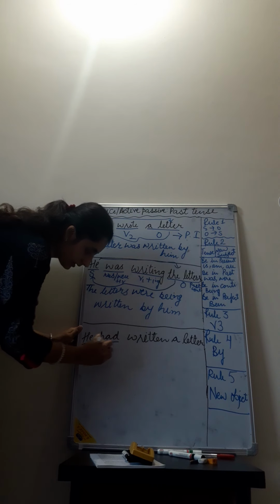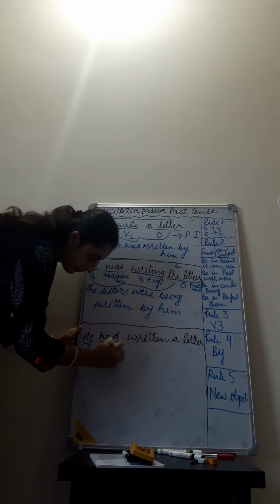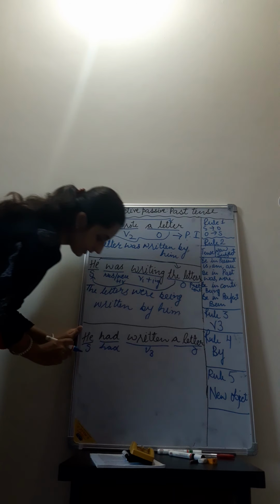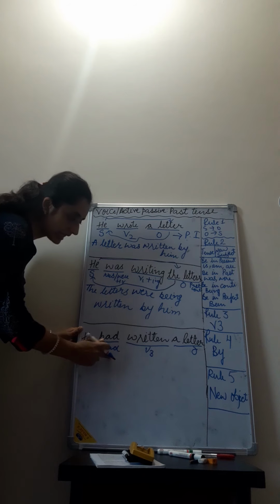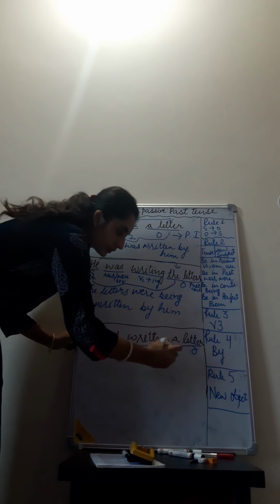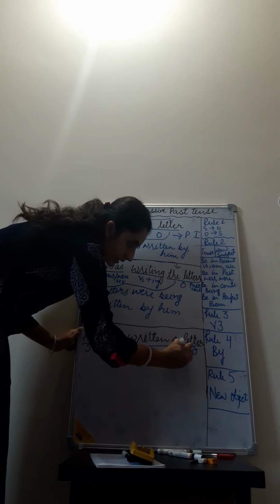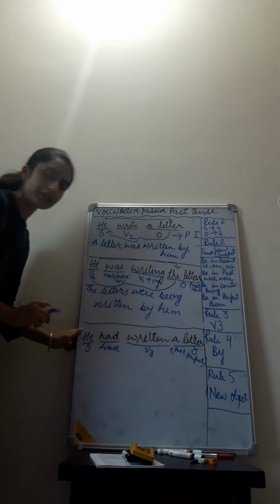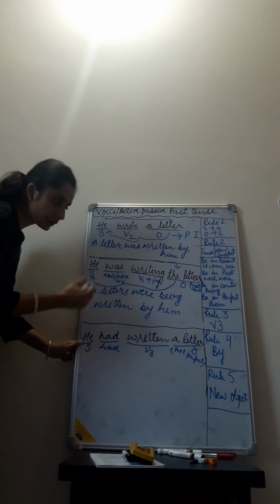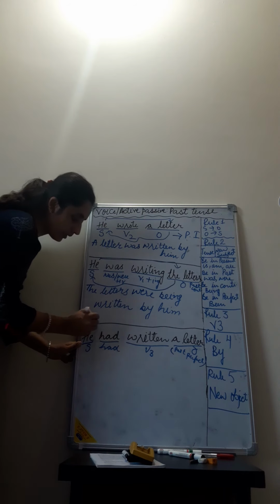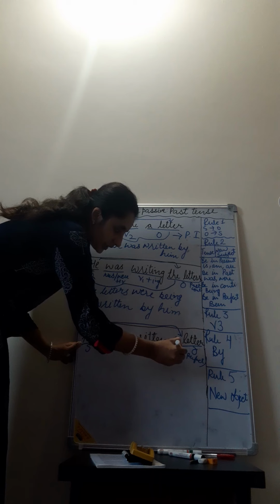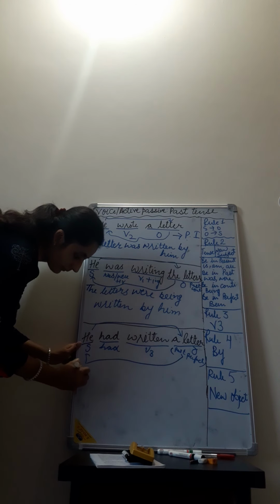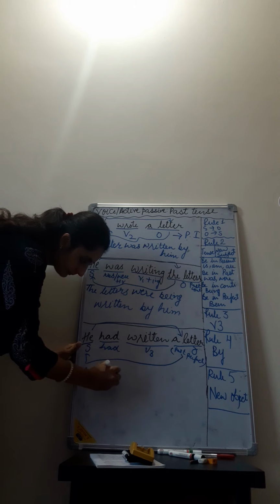Subject plus had plus verb's third form plus object. Which tense is this? Subject plus had plus verb's third form plus object. This is past perfect tense. So we will change this active sentence into a passive sentence. Subject changes to object, object changes to subject. A letter.